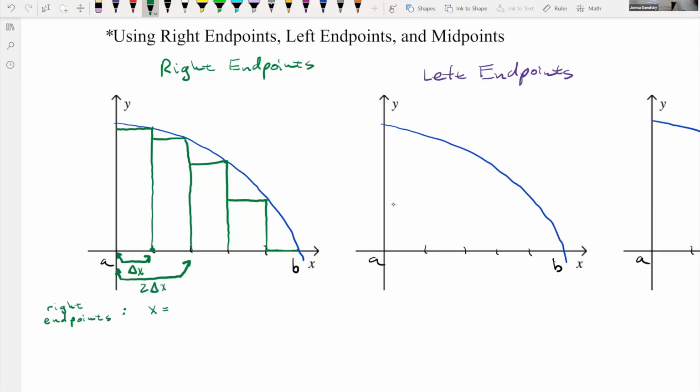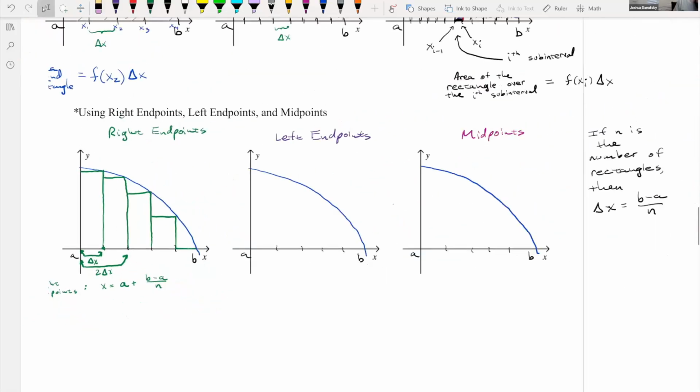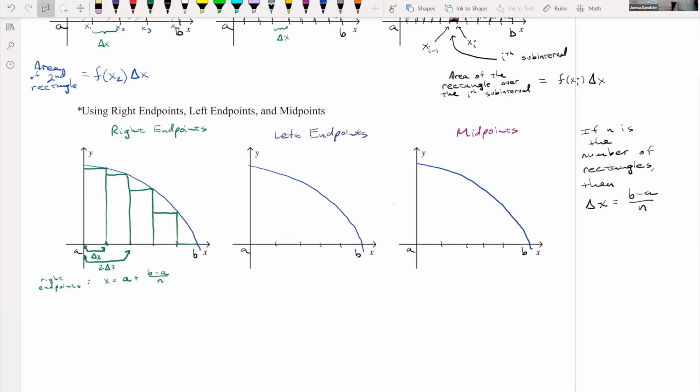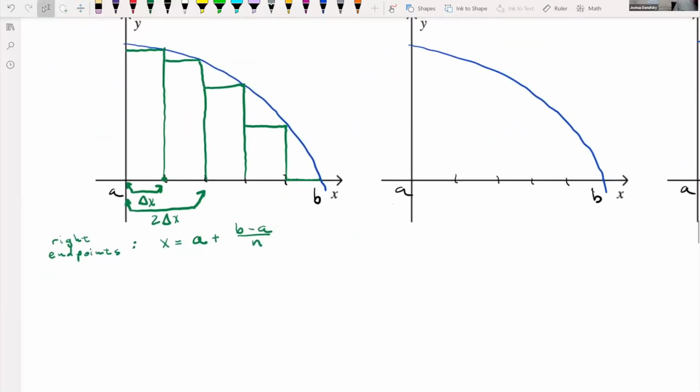So what does that look like? It's going to be A plus our delta x, which is b minus a over n, right? That's what we wrote off to the right there in black. And we want to add it once to get the first one, twice to get the second one.